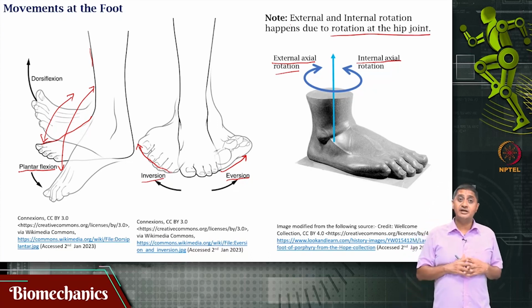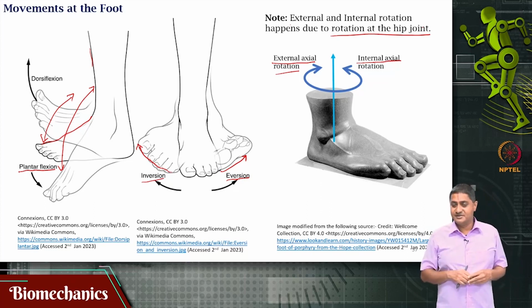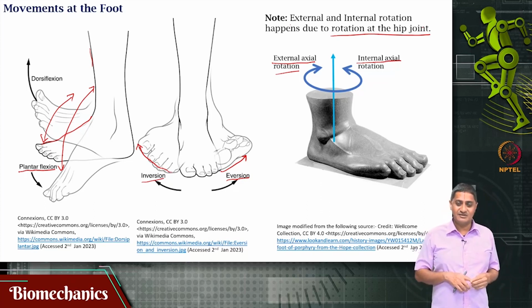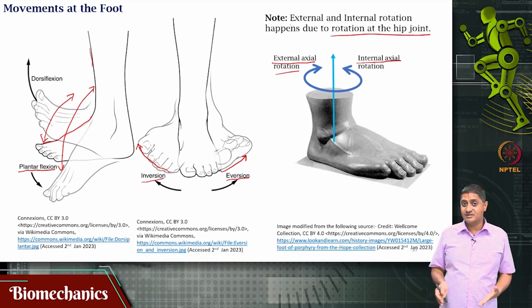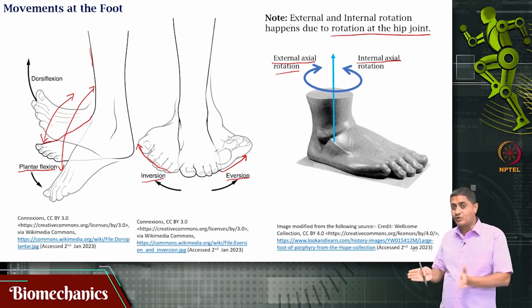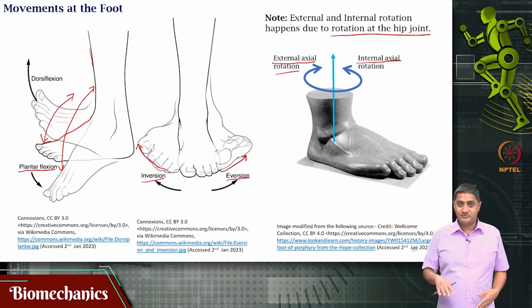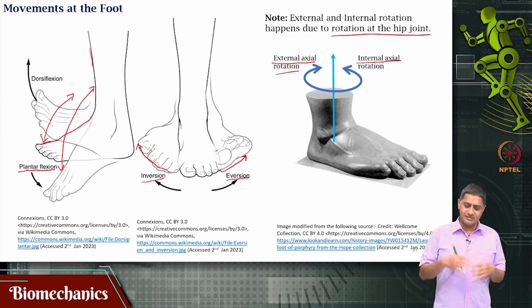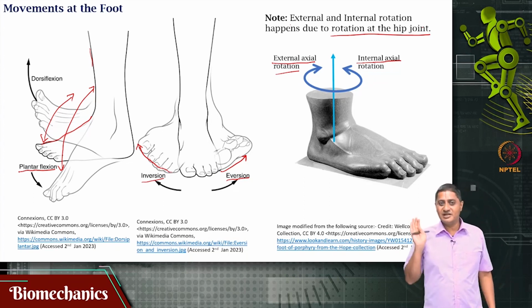Remember, the hip joint is a ball and socket joint with 3 degrees of freedom, is it not? Something that we have seen while discussing the hip joint. So, it can also rotate. That rotation is what is visible at the foot. That does not mean that the foot has one extra degree of freedom such that it can rotate in the plane of the ground. That is not possible. I mean, the foot does rotate in the plane of the ground, but the rotation is not happening at the ankle joint, it is happening at the hip joint.